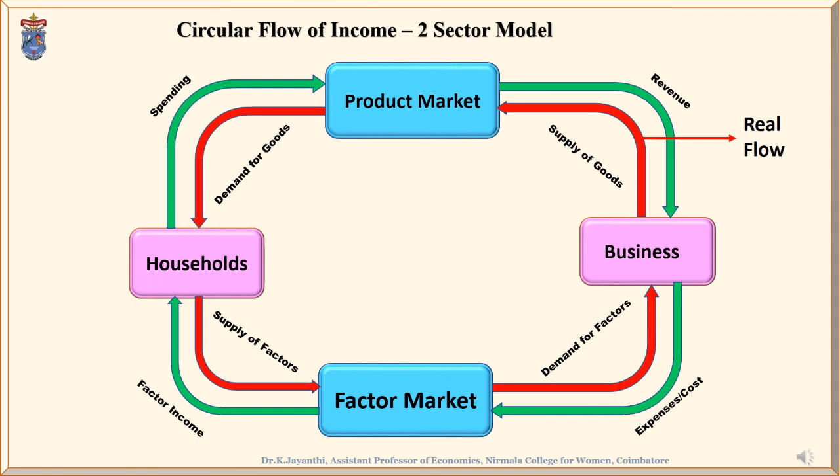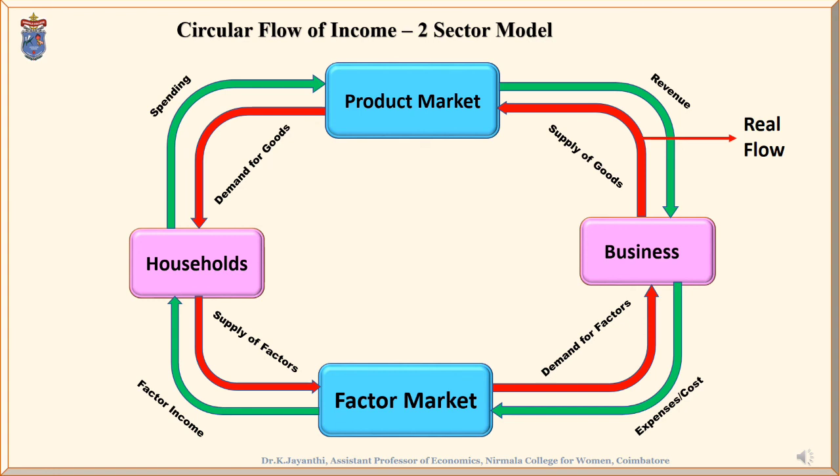Similarly, business firms do not spend their entire income from the sale of goods, but they keep a part of it in the form of undistributed profit. Such savings of consumers and firms are invested in bonds, shares, debentures, etc. in the financial market. On the other hand, business firms borrow funds from the financial market for making investment.